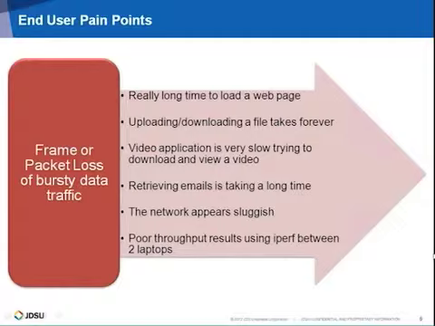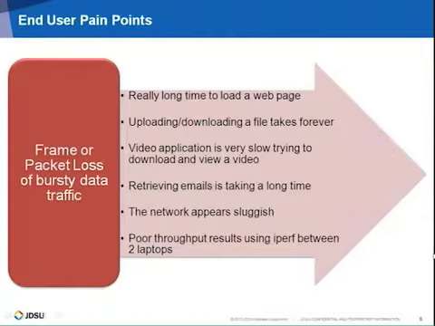For instance, it is going to take a really long time to download a web page, whether it's on their PC or on their smartphone. Or it could take forever, seemingly, to upload or download a file. Or when they're trying to download and view a video, the video application is very slow in trying to do that.